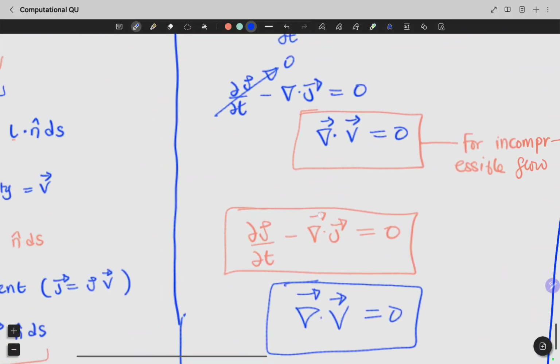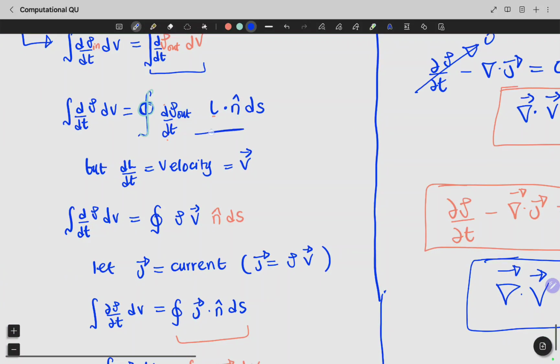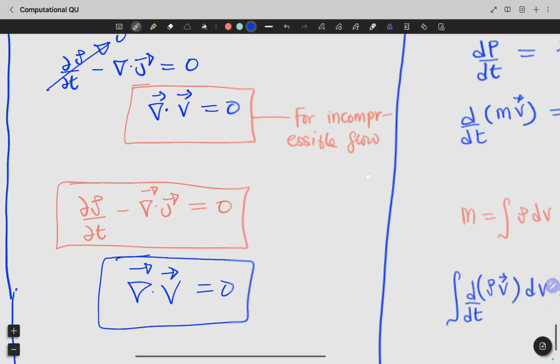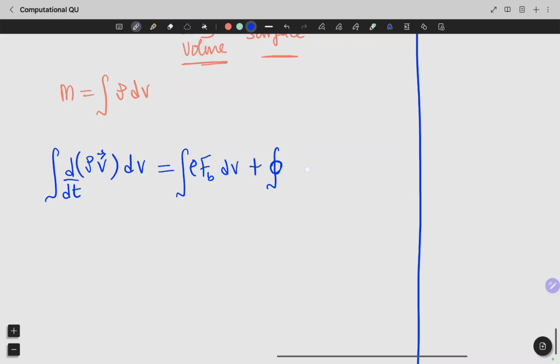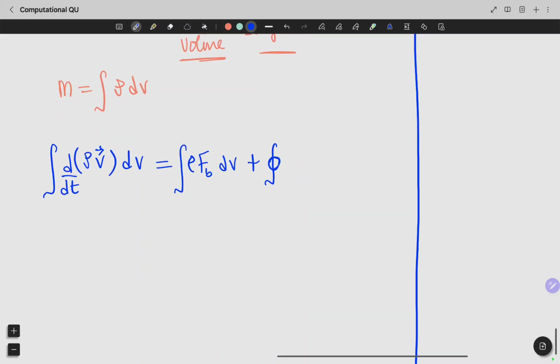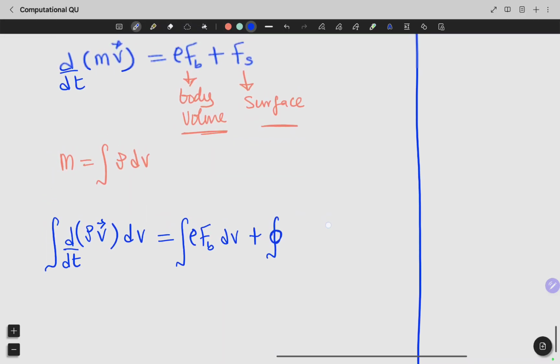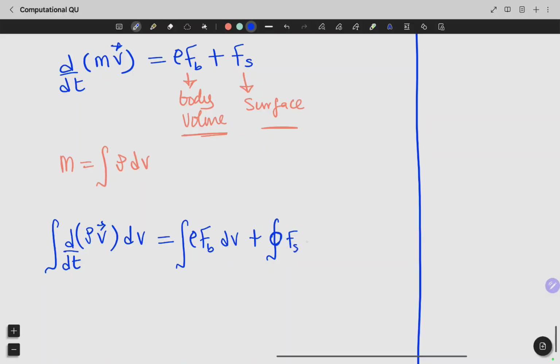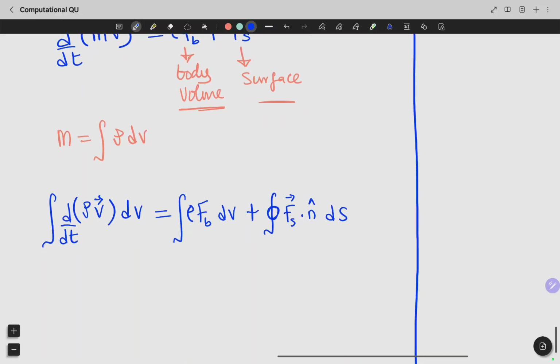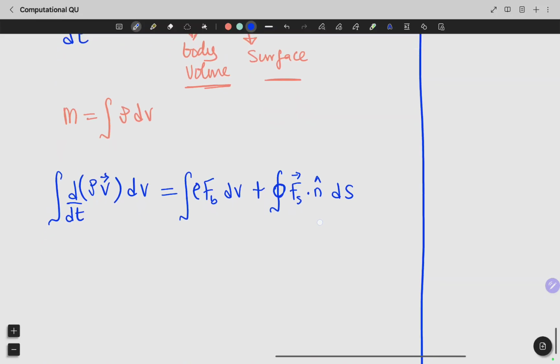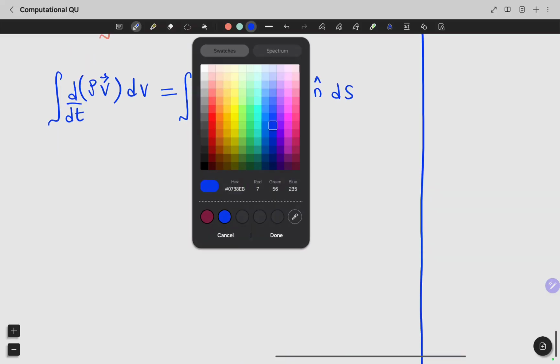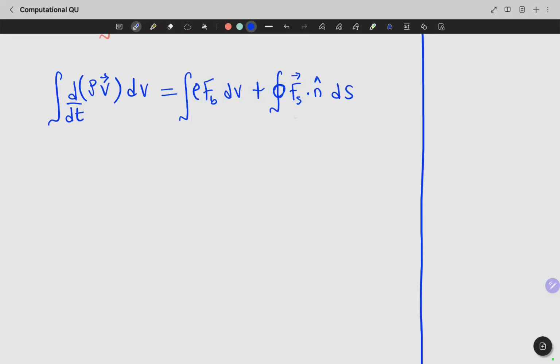If you can remember the way we managed here, we are going to integrate over an area, so it's going to be fs dot n, this is a vector, ds across all surfaces. That's what we're going to be doing now.